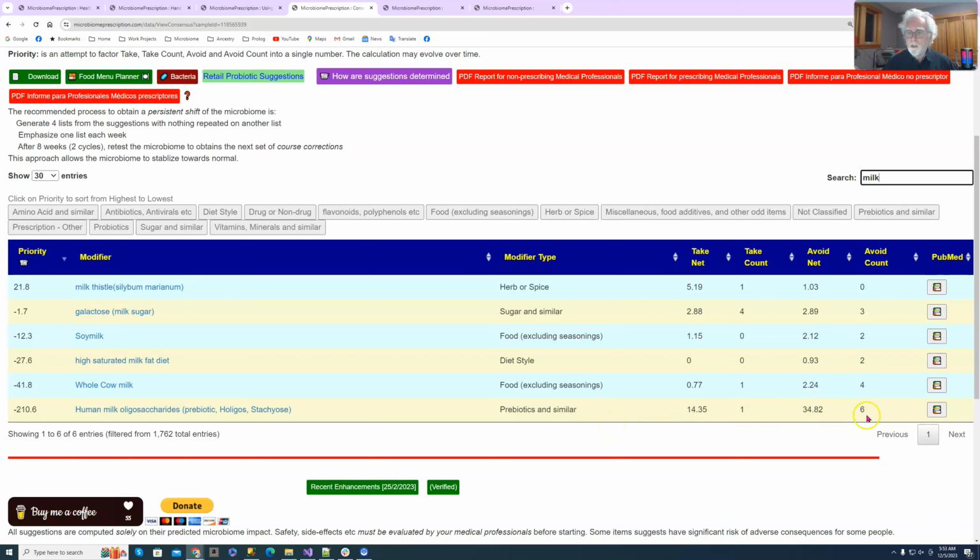Some cases you see 6 says exclude, 1 says take. It's pretty strong. Other cases it's 4 and 1, 2 and 0, 2 and 0, and even the milk thistle, the one quote milk that shows up, only one of the 7 ways of getting suggestions picked that show up. So it's a relatively low and weak one. So the general suggestion is milk, cut off dairy as much as is practical.